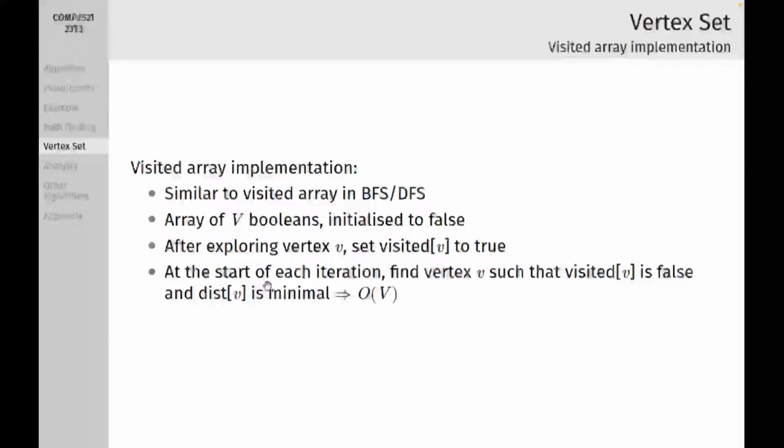Well, at the start of each iteration, we have to find the vertex with the smallest distance. That means we have to loop through the array to see which vertices haven't been explored yet and find which one has the minimal distance. Since we have to scan through the entire array, this will be O(V) every time we have to pick a vertex to visit next.